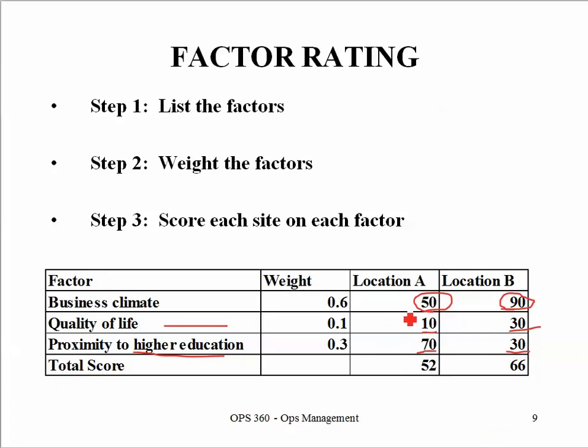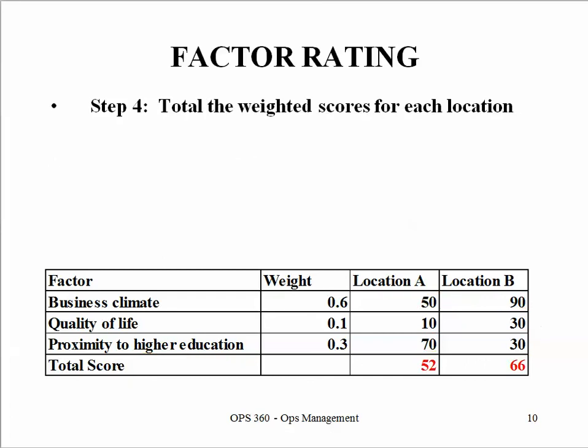So I've scored each of the 2 sites on each of the 3 factors, and that means all I need to do now is total up those scores for each location, and that tells me which of the 2 locations is preferable.